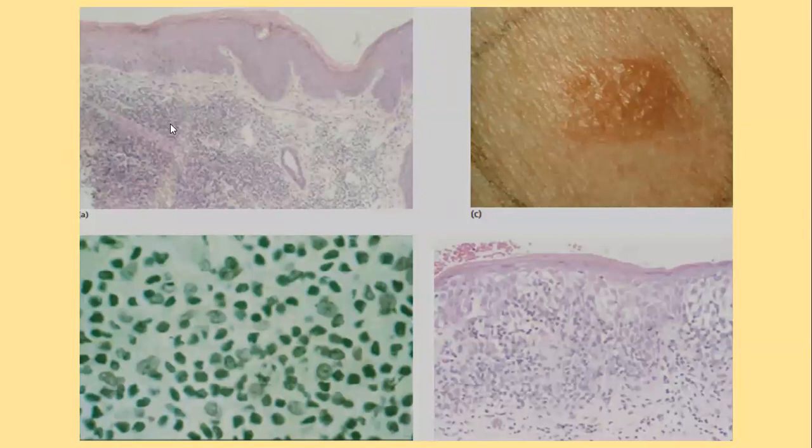So here you can see that there is dense perivascular lymphohistiocytic infiltrate, acanthosis, and hyperkeratosis. While as the disease progresses from dermatitis to lymphoma, then there is epidermotropism and presence of large atypical lymphocytes.